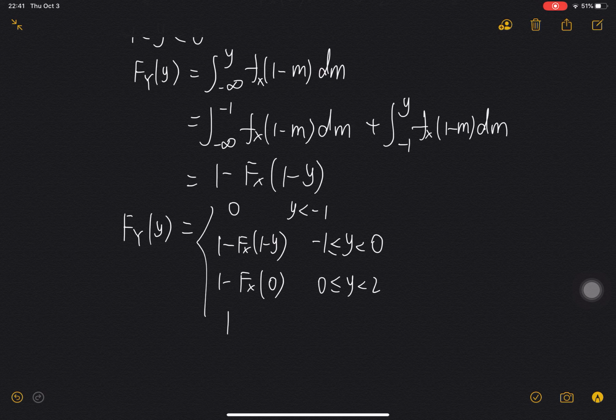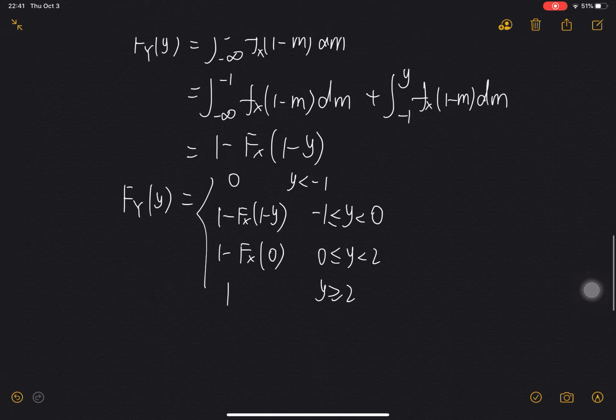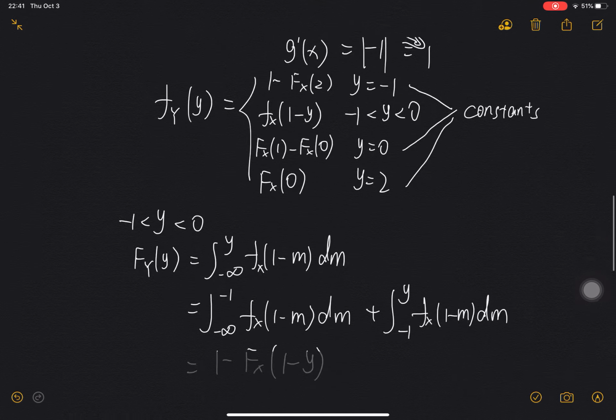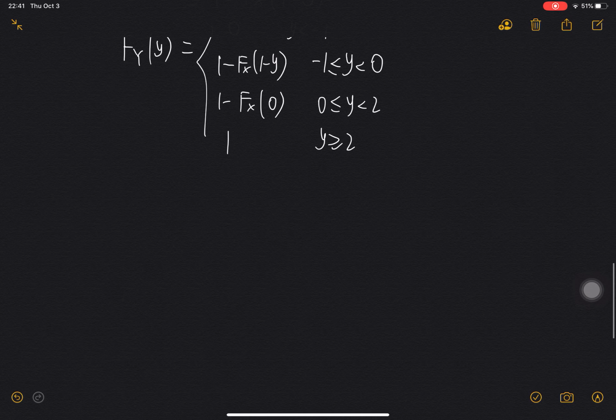And 1 when y is larger than 2. Also, we have talked about it. So the rest of the things we have to do is drawing.